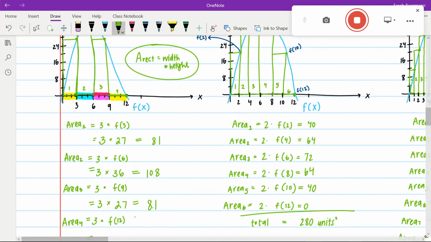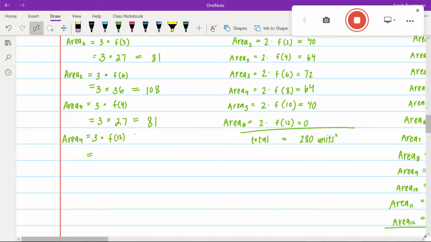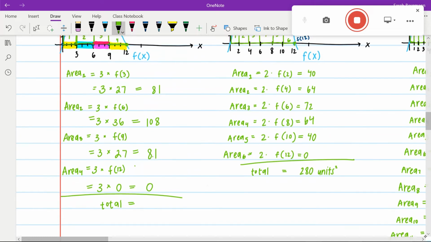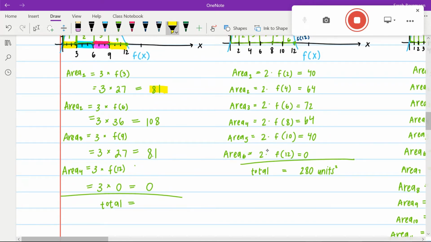Last but not least, our last rectangle here, the fourth rectangle, remember we said it has a height of 0. And if you double checked, plugging in 12 to your table, you should get 0. So the area of that fourth rectangle is 0. Now to find our approximation, you're going to add all these up. So you have 81 plus 108 plus 81 plus 0.